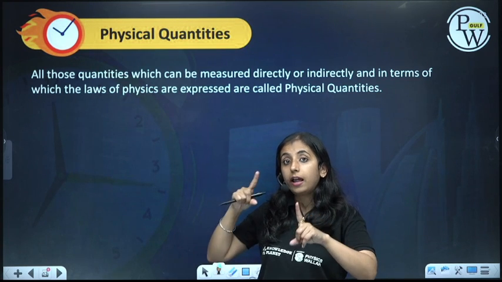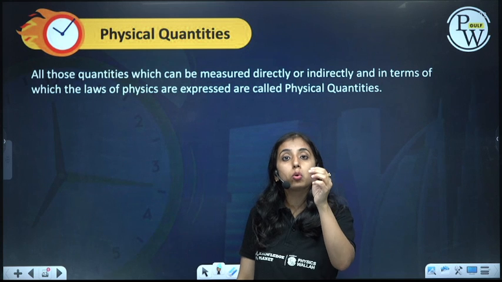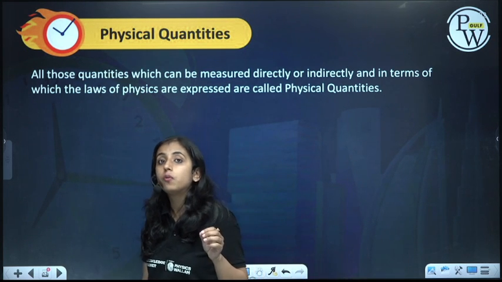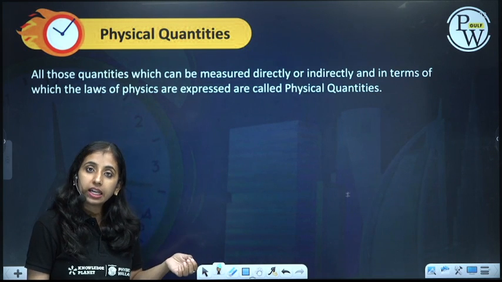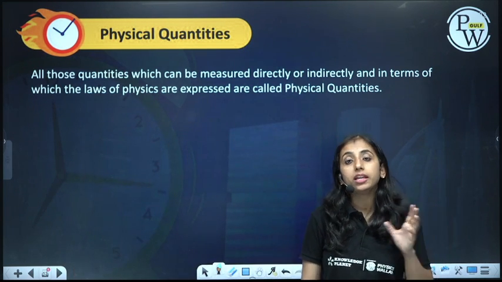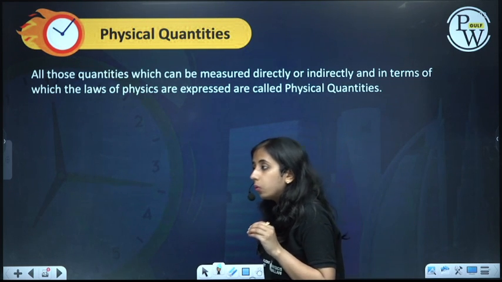We need to calculate displacement and time simultaneously so that we get the velocity of the body. So this is how we can do direct or indirect measurements. All those quantities which can be measured either directly or indirectly are called physical quantities.